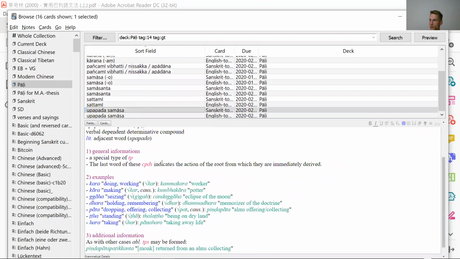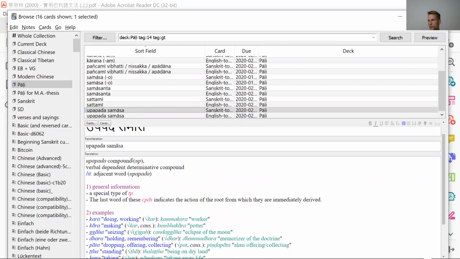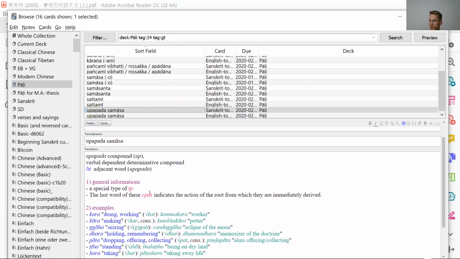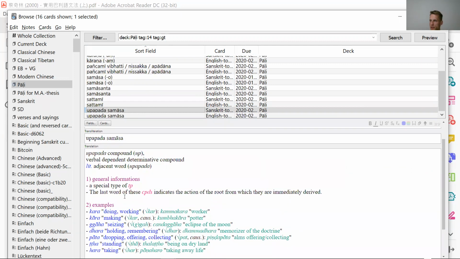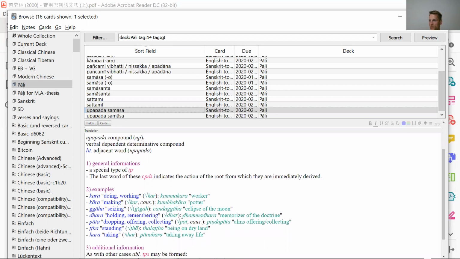This is a special type of Tappurisa Samasa, and Samasa is a compound, so this is a verbal dependent determinative compound or adjacent word compound. As I said, it's a special type of Tappurisa where the last word of these compounds indicates the action of the root from which they are immediately formed or derived.